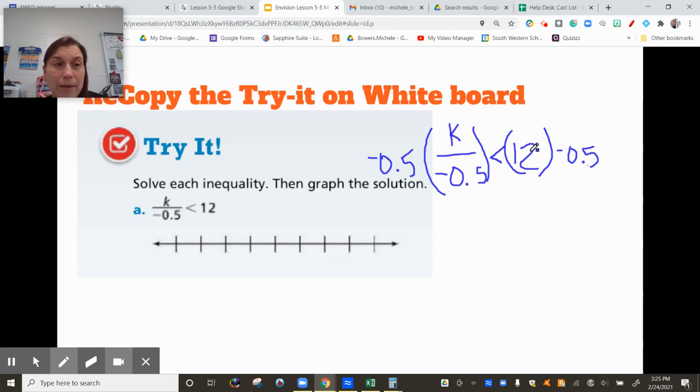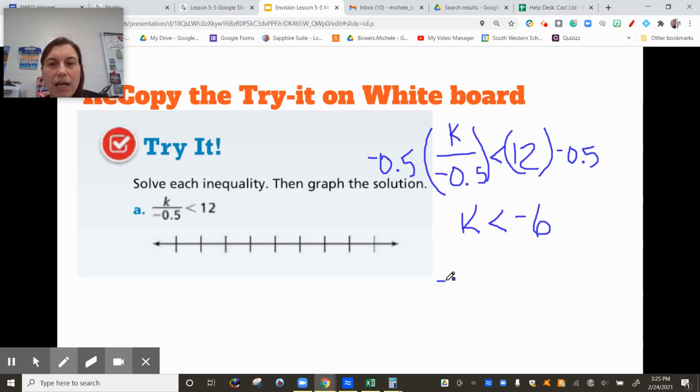So I would have k over here. If I just bring the symbol down, I have this. And negative 12 times negative 0.5 is negative 6. Okay. And I would think k is less than negative 6. So that's my target number.